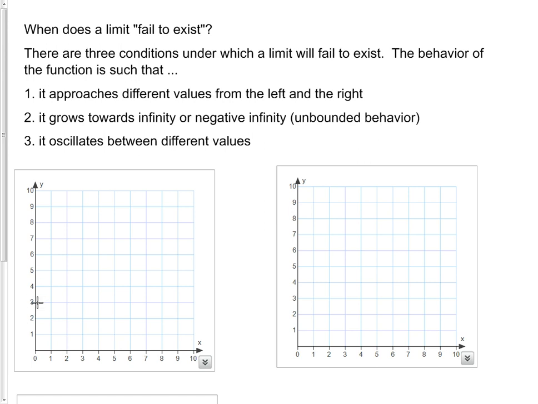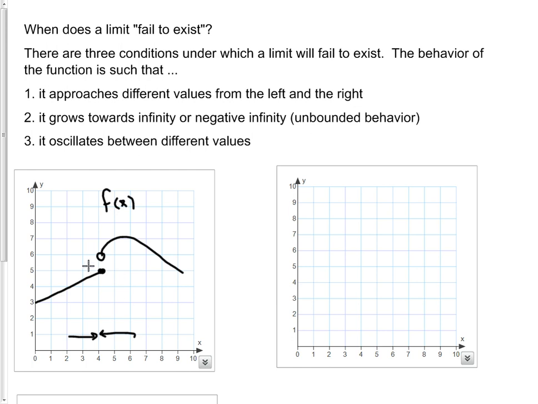Let's talk about one. Let's say we have a function that looks like this, all the way up to x equals 4. But at x equals 4, all of a sudden it changes behavior and it does something weird like this, right? What's happening is that as we approach 4 from the right, we're getting a different value than as f of x approaches from the left.